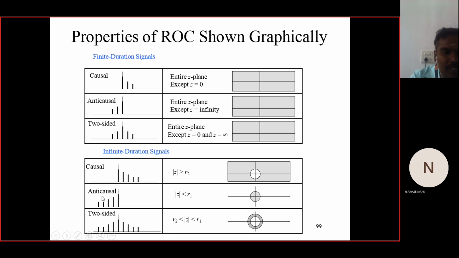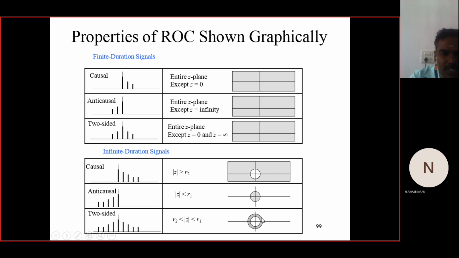For the case of an anti-causal system with an infinite duration signal, modulus of Z is less than R1. So your ROC should be the inner side of the circle, and outside there will be no ROC. If it is a two-sided system, then R2 is less than modulus of Z, which is less than R1, so your ROC must be between R1 and R2.